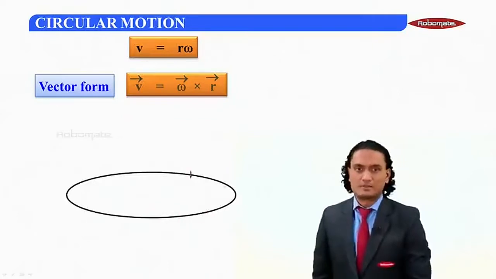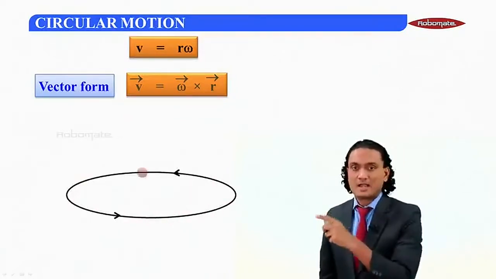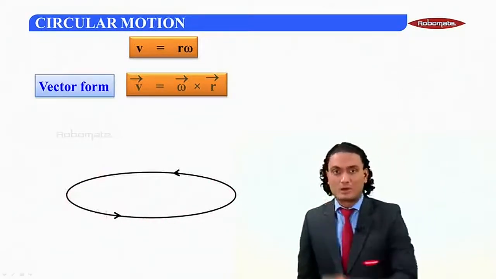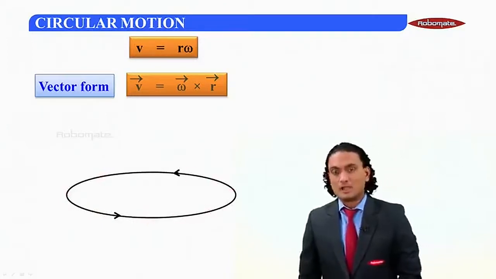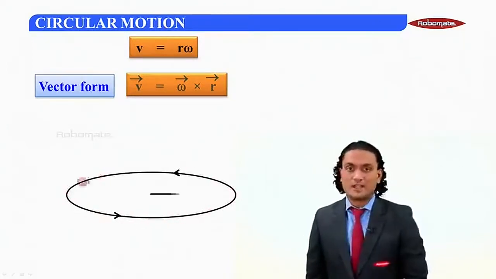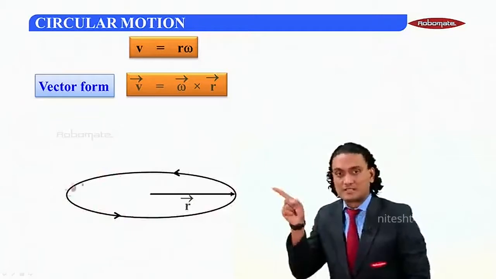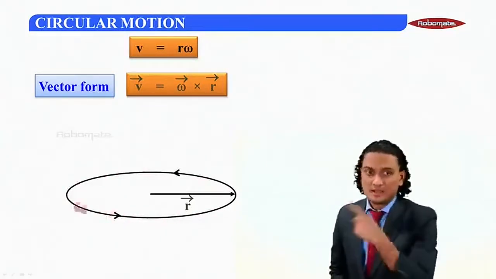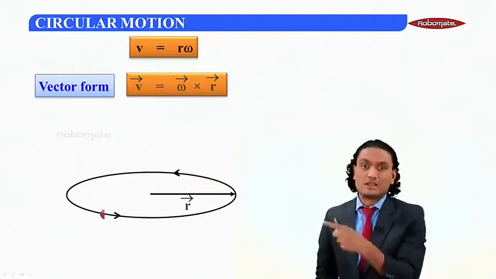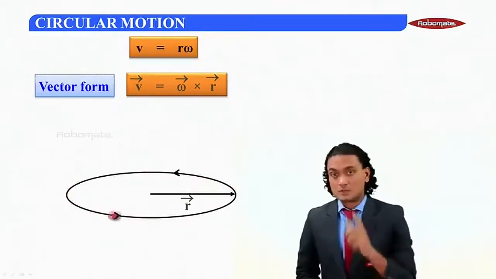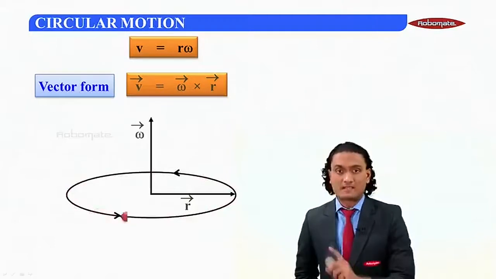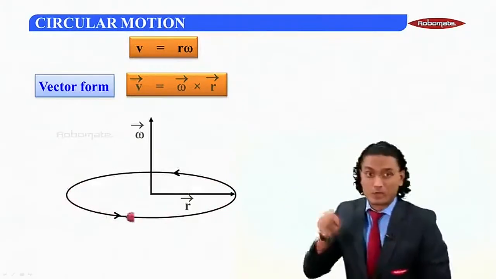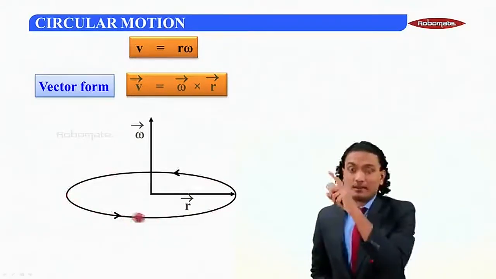This particle was performing UCM and it was rotating in the anti-clockwise direction. Now if you see here, what is the direction of radius vector? Radius vector is from the center towards the circumference. And what is the direction of omega? Again, right hand rule, the particle is moving in the anti-clockwise direction, so according to right hand rule, omega will be acting up. It is perpendicular to R. Now what will be the direction of V?